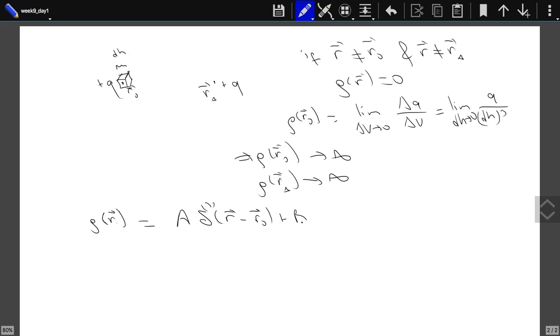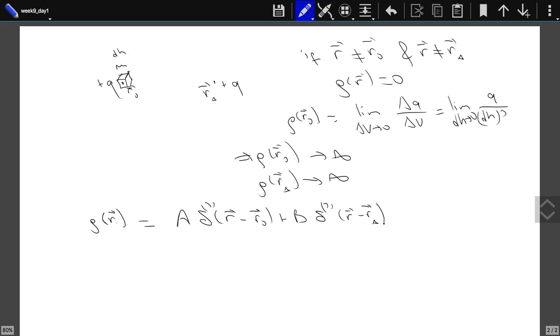Well, these are three-dimensional Dirac deltas. Plus B times Dirac delta of R minus R1. So both of the Dirac delta functions are 0 everywhere except when R is equal to R0 or R is equal to R1. And this density just goes to infinity when R is equal to R0 or R is equal to R1, just like it should.